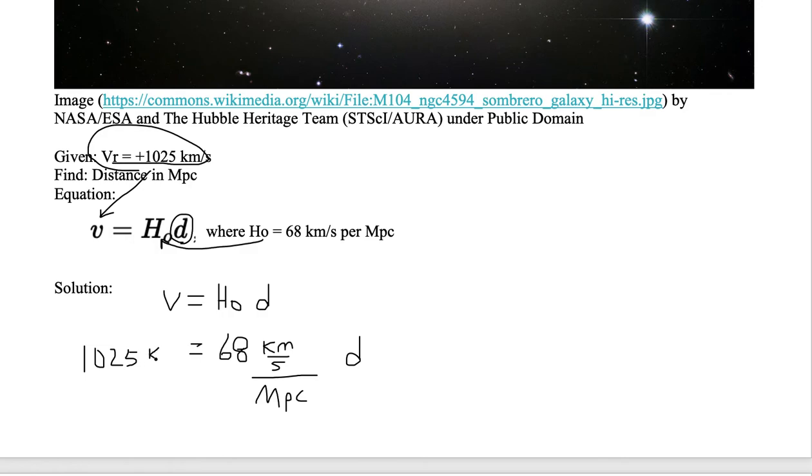Now we're going to divide out like letters, since we have like letters on the left and right-hand side of the equation. We have kilometers per second on the right-hand side, and we have kilometers per second on the left-hand side. And so the only thing left is d megaparsecs, 68 and 1025, and they're all different.